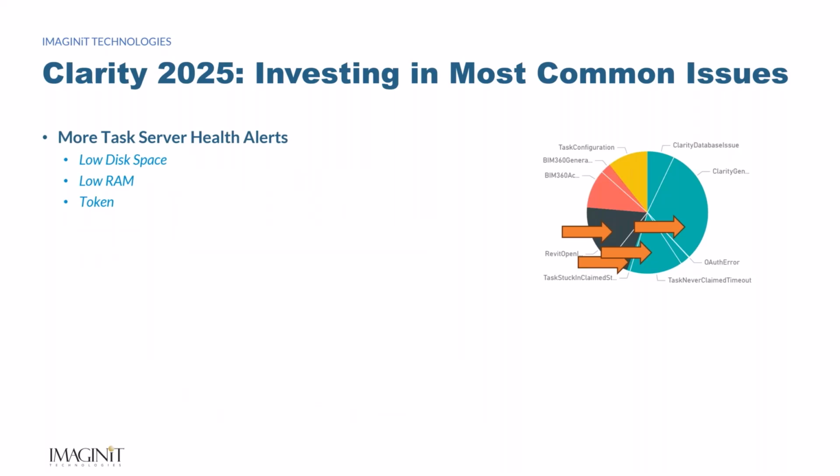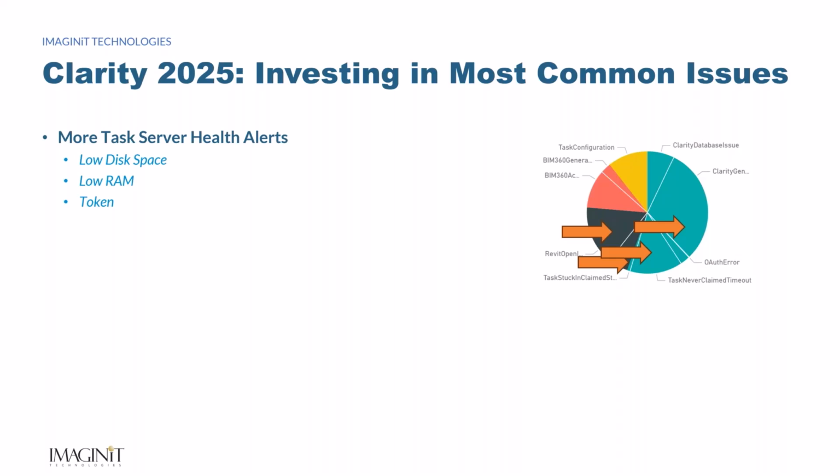Other things that we've seen happen a lot is your task servers running low on disk space, as well as low on RAM, particularly if you're trying to run multiple sessions of Revit within one task server. These are things that can effectively derail Clarity if they get into that situation.